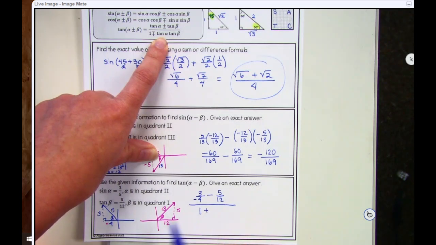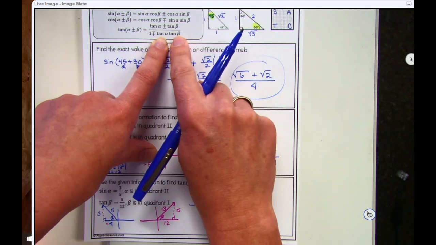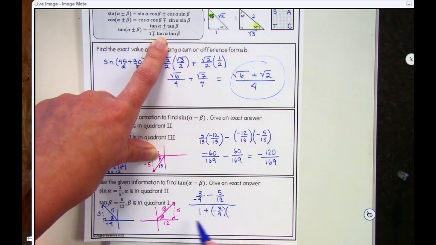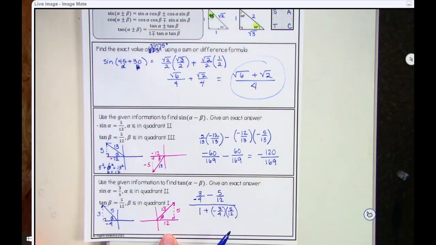Tangent of A is what? 3 over. Yeah, so negative 3/4. And then it says tangent of B. Tangent of B, opposite over adjacent, 5/12. And I could have remembered that I'd already looked for those there.